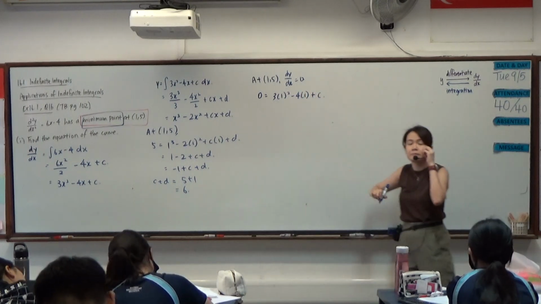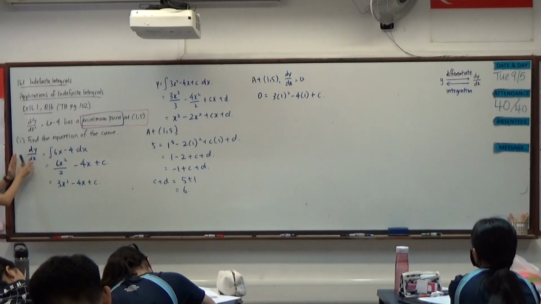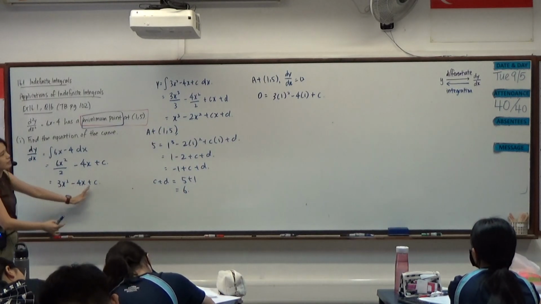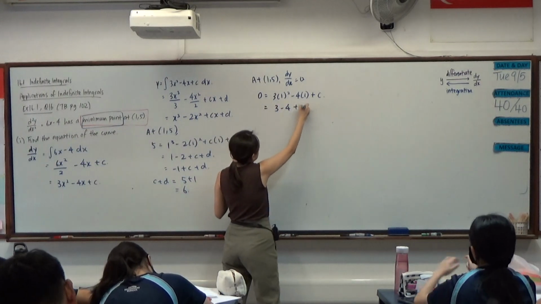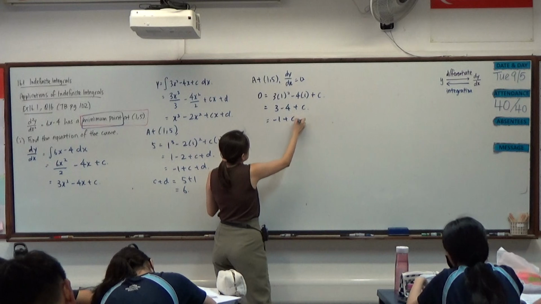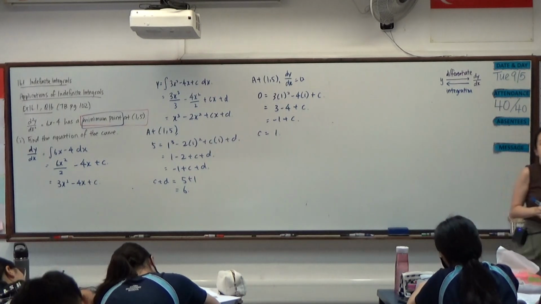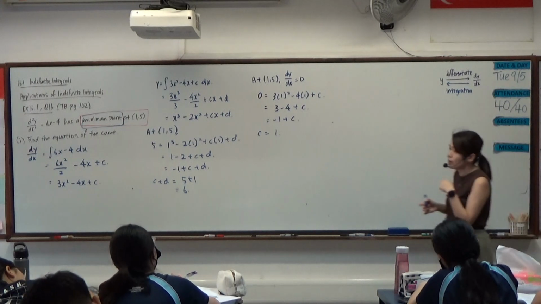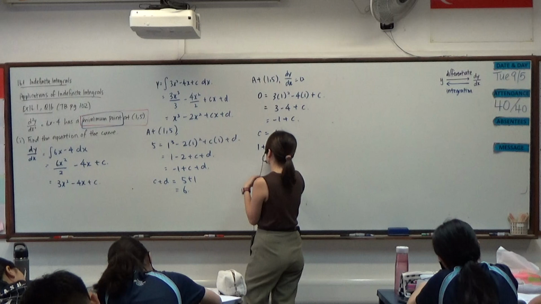So we are making use of this part over here, whereby dy over dx equals 0 and x equals 1. So we have 3 minus 4 plus c, and hence c equals 1. That's how we find c equals 1, which then helps us find d.